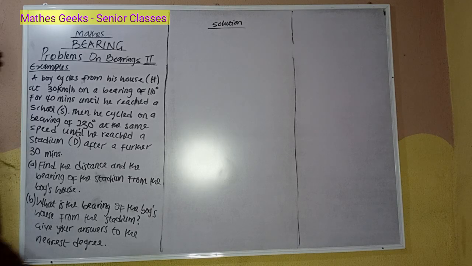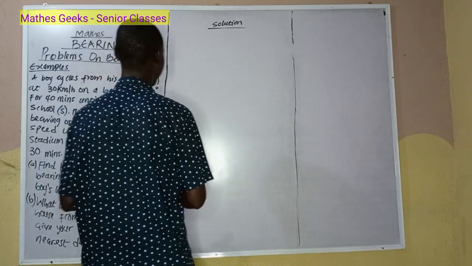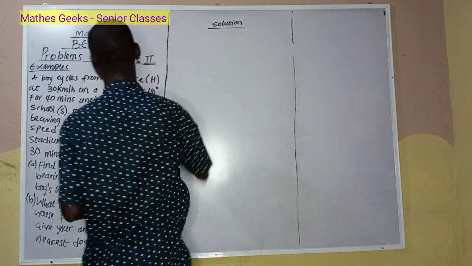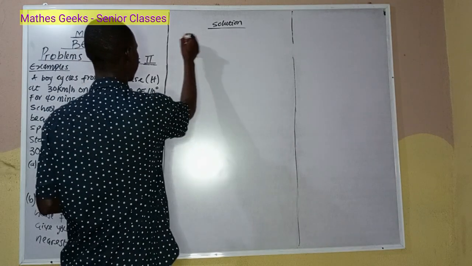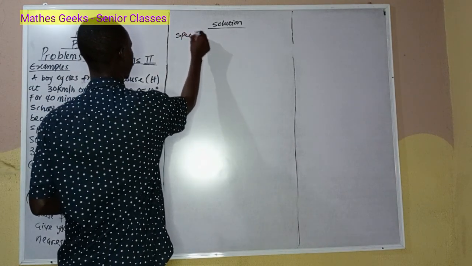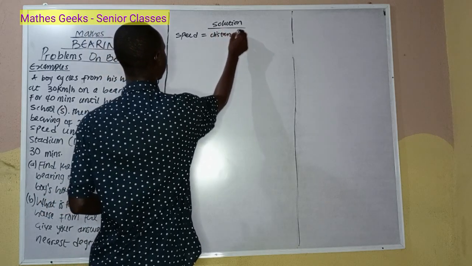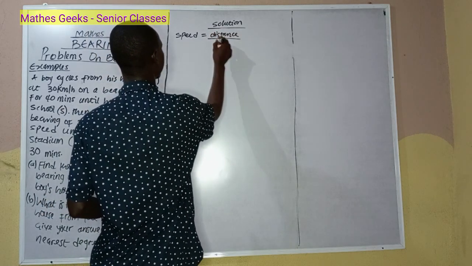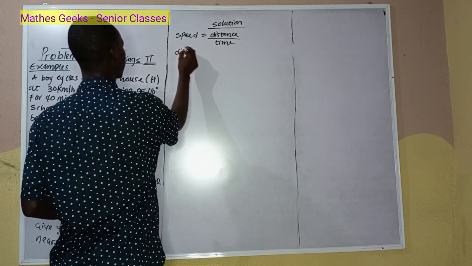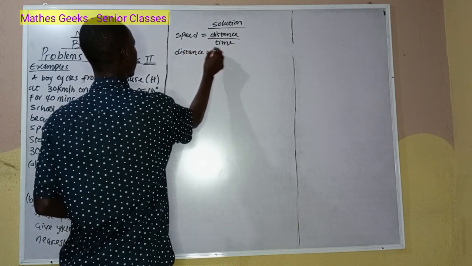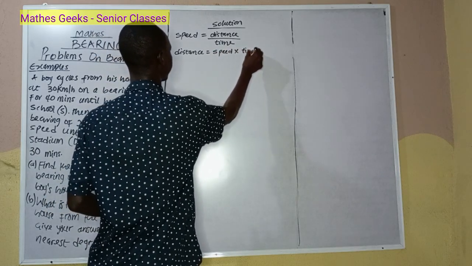We're going to start off by first of all getting the distance in this journey. What is given to us is the speed and time, so we need to get our distance. Speed is equal to distance over time, and distance is equal to speed times time.